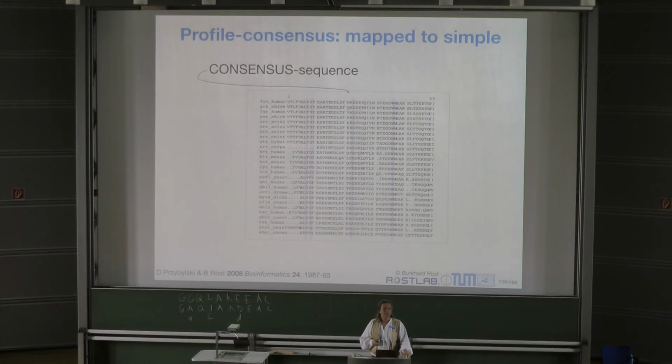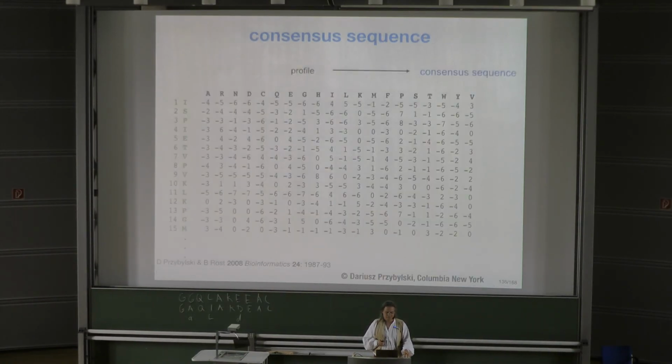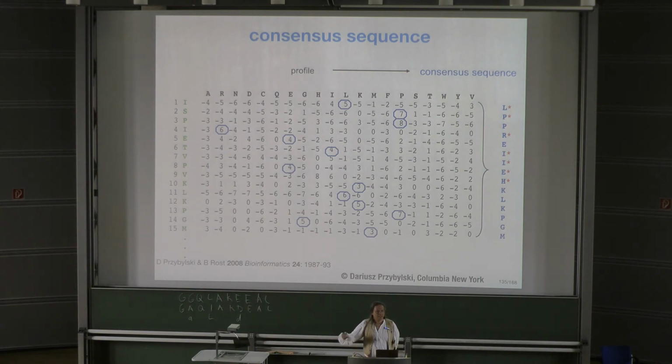So, I have a question about the numbers. Is it just the probability of how often in the family, in the first position, is the L, is the A, is R, or what are the numbers? In the example of the hidden Markov model, the answer would be exactly yes.